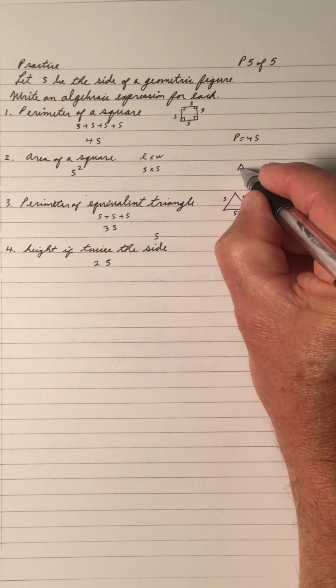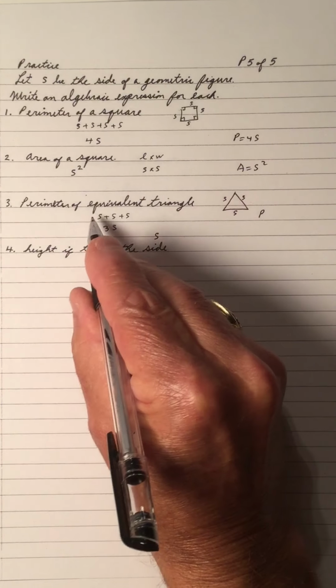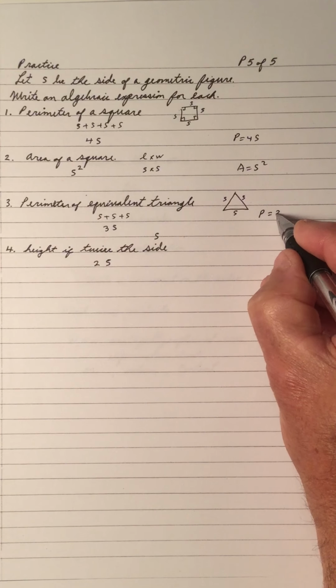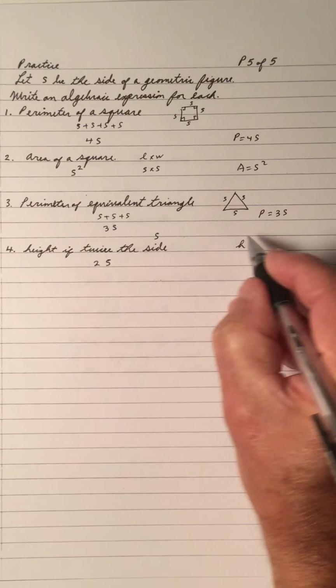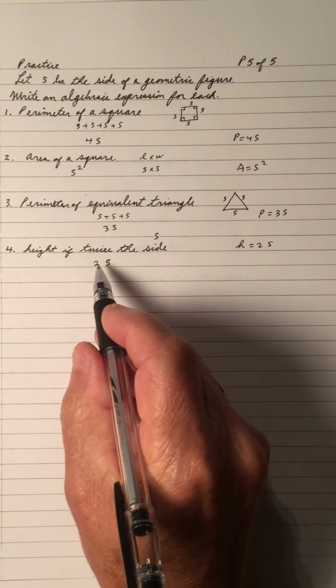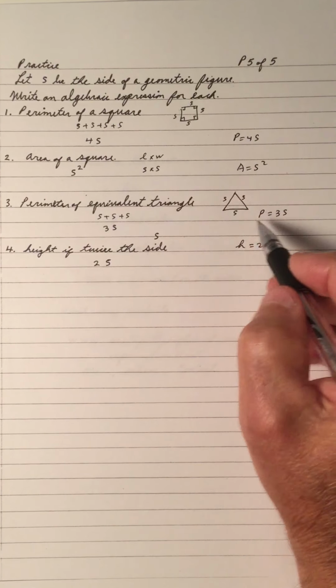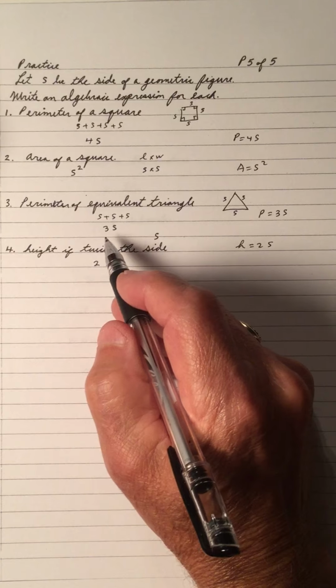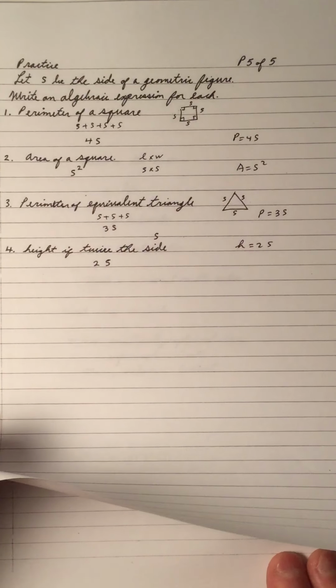Or you could have area is S squared. Perimeter of an equilateral triangle, P equals 3S. The height is twice the side. So these are equations, but these are just expressions without the equal signs. So notice the equation and expression are related, but we're doing an expression, which has no equal sign.